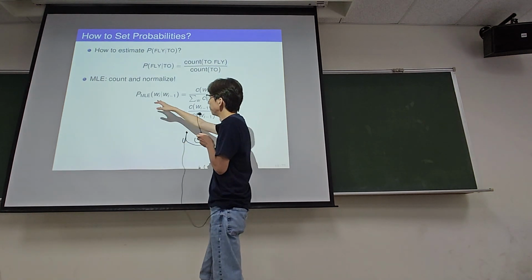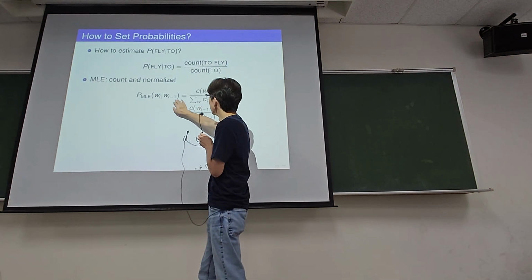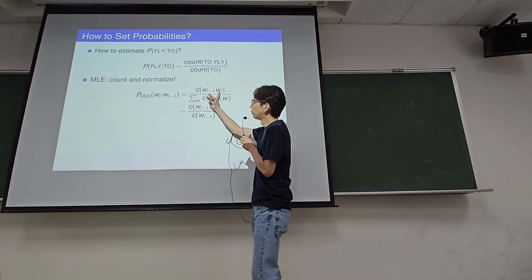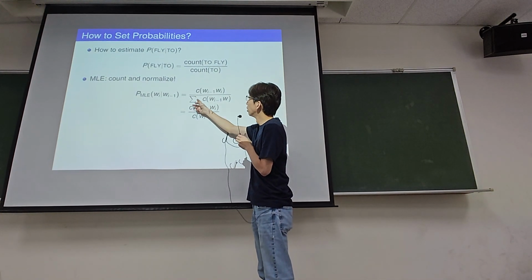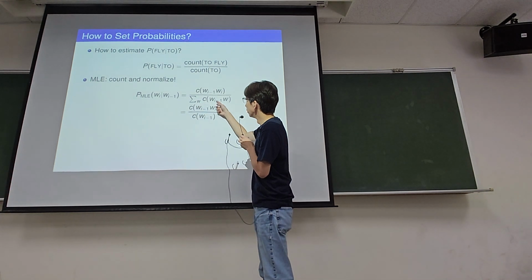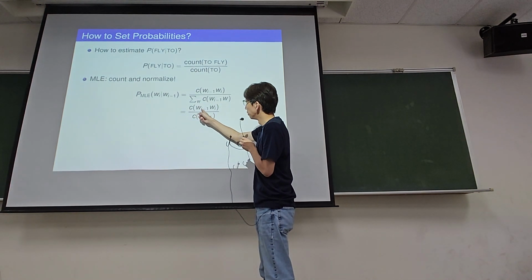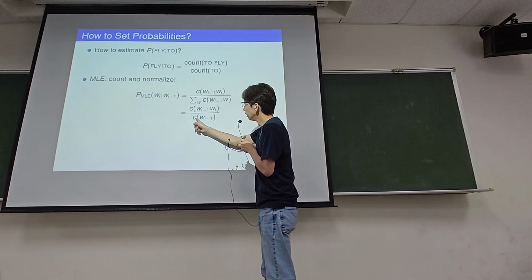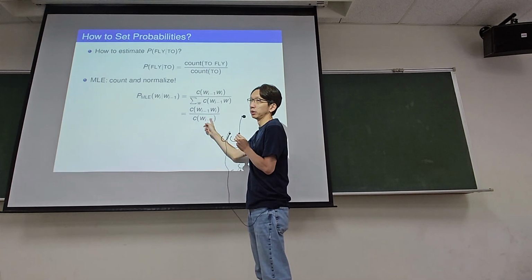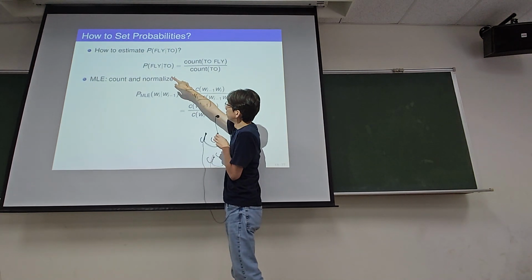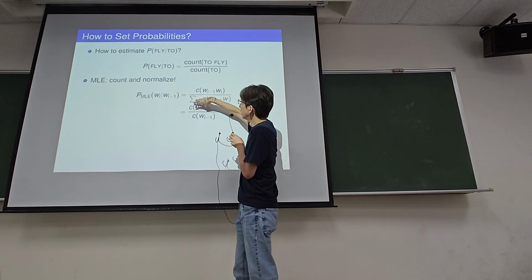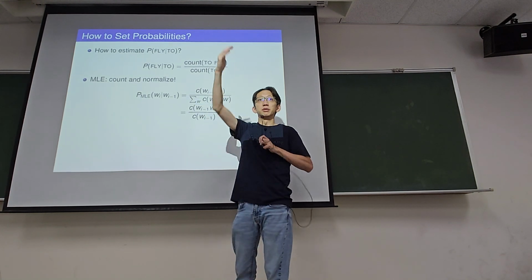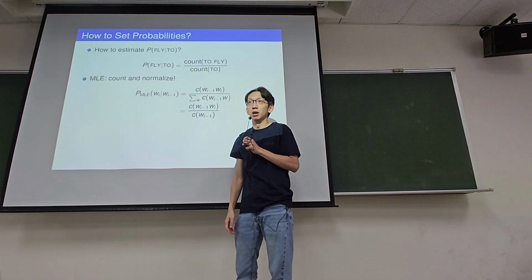So the MLE of P of Wi given Wi-1 is just the count of the number of times these two words happen together, divided by the sum over all words of this count. Basically, count of Wi-1 Wi divided by count of Wi-1. In this case, for the probability of 'fly' given 'to', you just look at the total count of 'to' and the total count of the pair out of, say, 1 million sentences in your corpus.